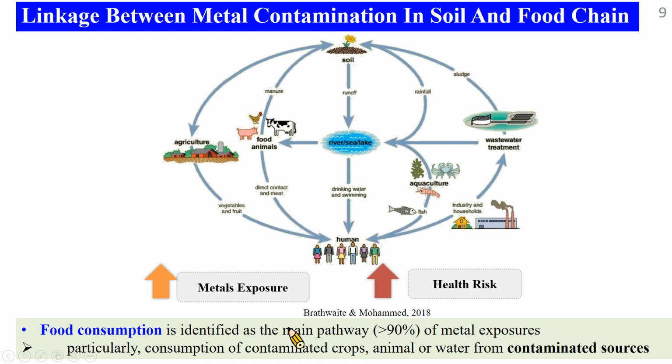So we now know increased metal exposure also increases health risk. And those environmental exposures may all contribute to this health risk. But above all, food consumption is identified as the main pathway of metal exposure, particularly consumption of contaminated crops, animals, or water from contaminated sources.